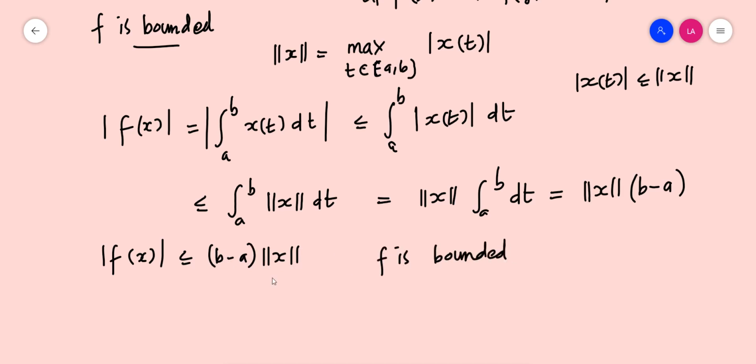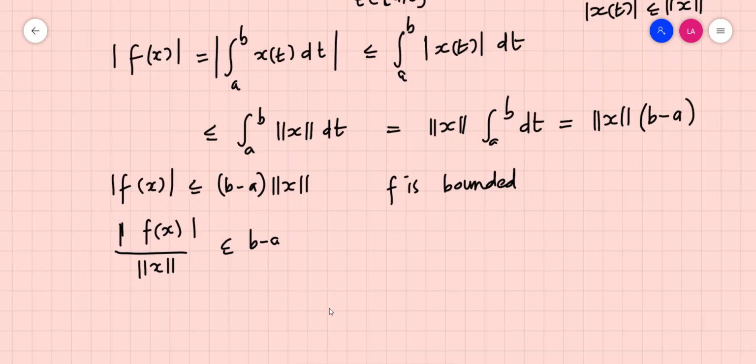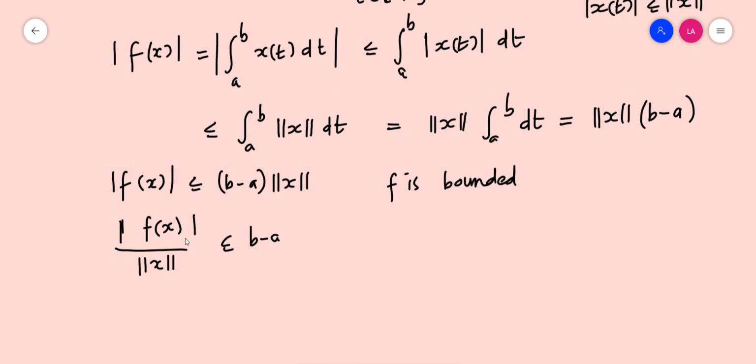Now from this we can easily find the norm as well. Modulus of f of x by norm x is less than or equal to b minus a, which means that b minus a is an upper bound of the set of all modulus of f of x by norm x.